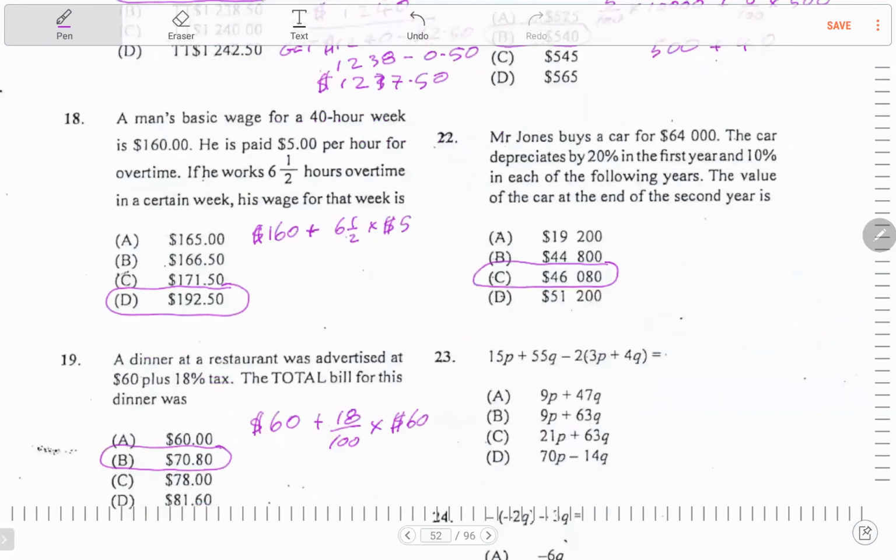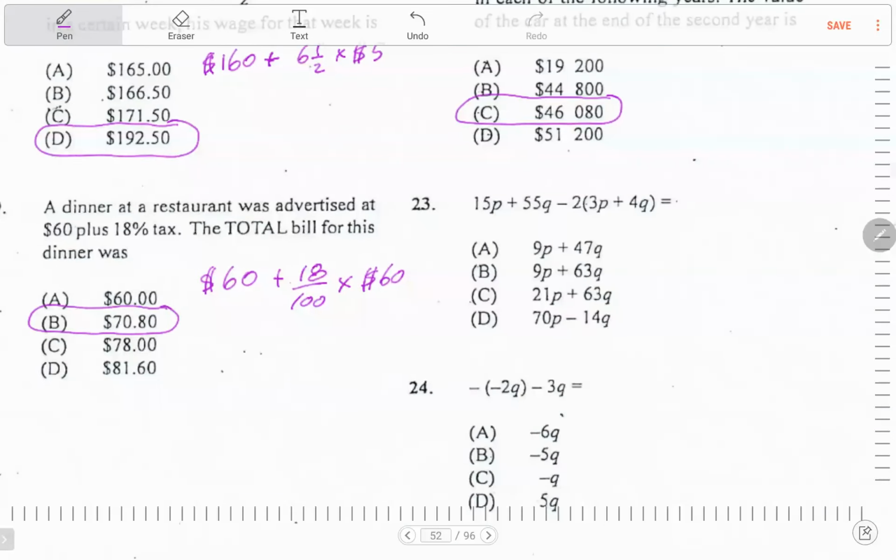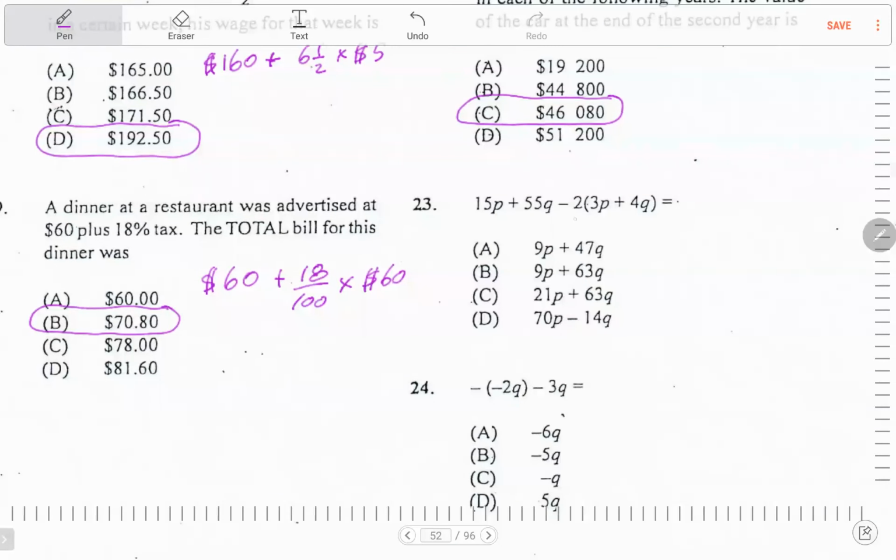All right, this one, I didn't do before. This one is grouping the like terms. I'm going to expand this first and be careful with this negative. Basically this becomes 15p plus 55q, and then you get minus 6p and minus 8q.